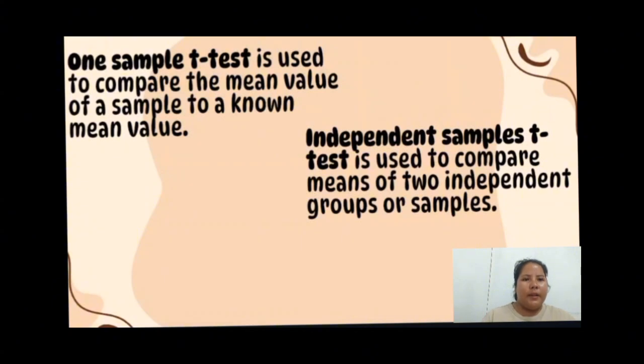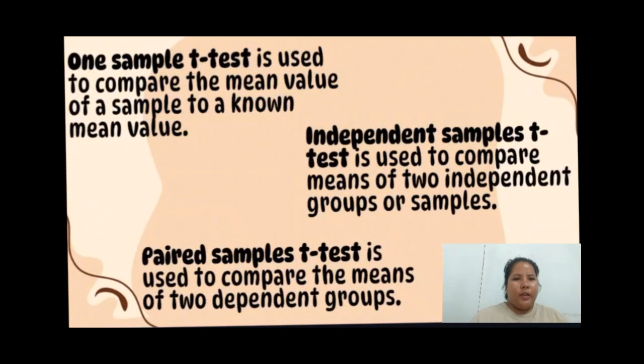Group A takes drug A and group B takes drug B. From there, we can use the independent sample t-test to see if there is a significant difference in their pain relief upon taking the medicines.